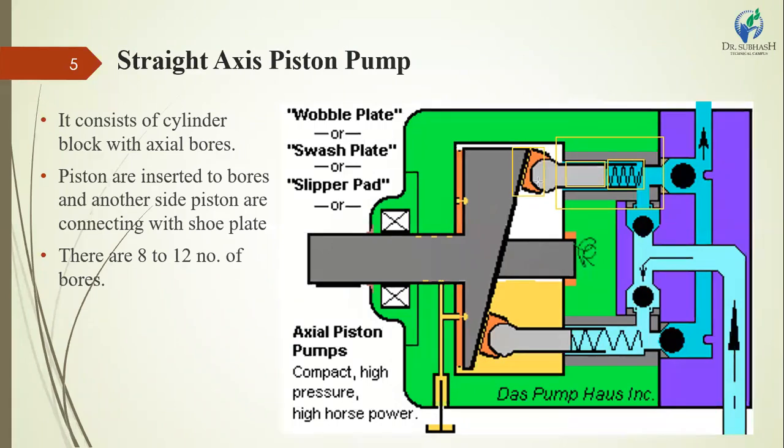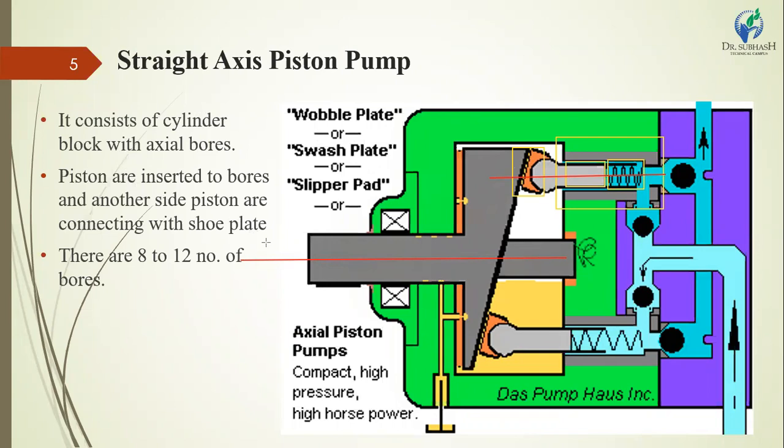The axis of rotation of the rotating cylinder block and the drive shaft are the same. This is the axis for the rotating cylinder, and the piston cylinder arrangement is parallel to the main rotational shaft. So it is called a straight axis piston pump.